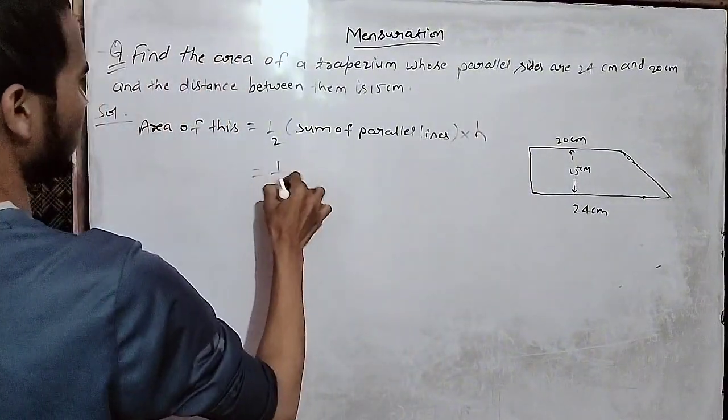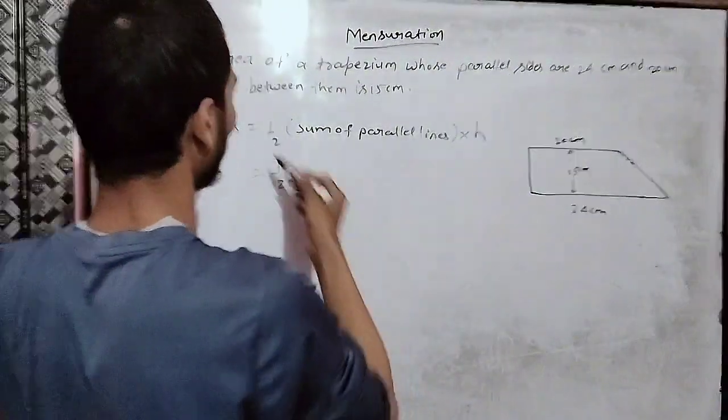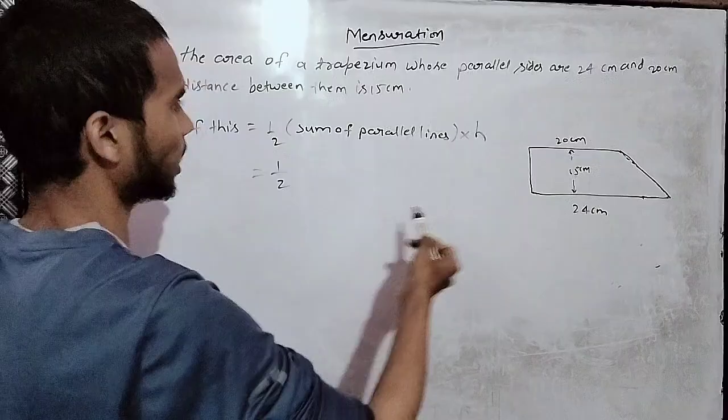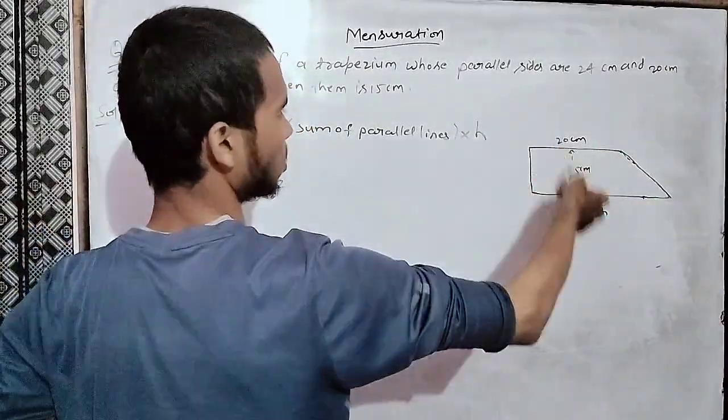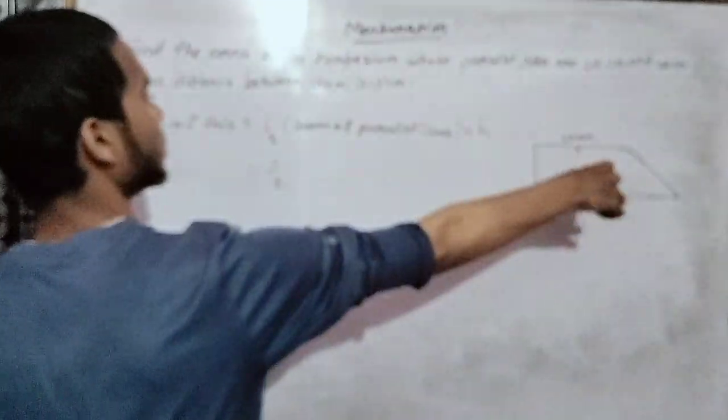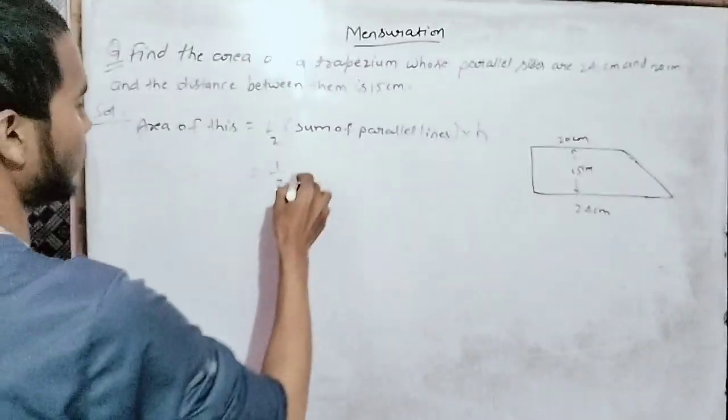This is the formula. Already we know half is this and h is this. Sum of parallels, because this is not a triangle.